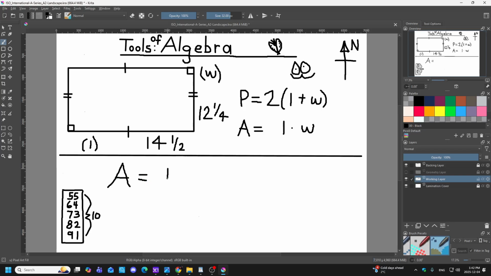Length is 14. I should have. Okay, 14 double 28, 29, right? Divided by 2 times 48, 49, right? Divided by 4. All right. Ooh, we're going to end up with some really big numbers.